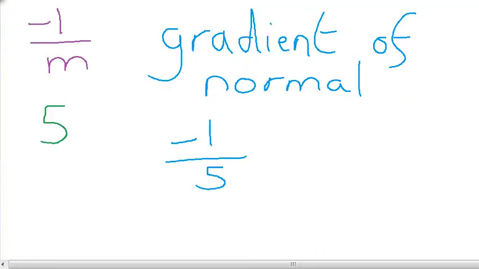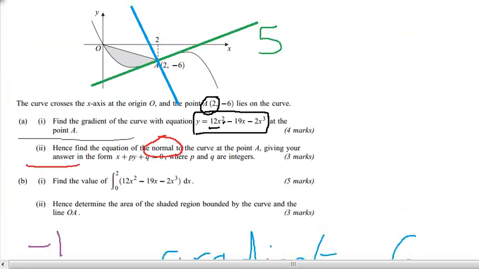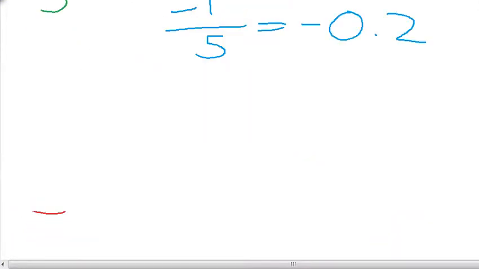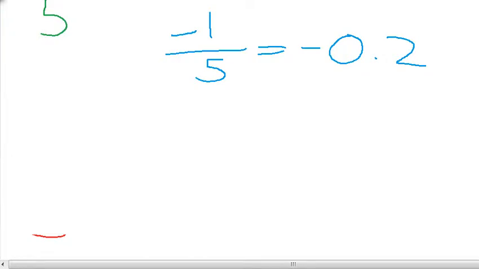So minus 1/5, or minus 0.2, whatever you like. So that's the gradient of the normal. And then we have our point 2, minus 6. So we have a gradient of minus 1/5, and we have a point 2, minus 6.